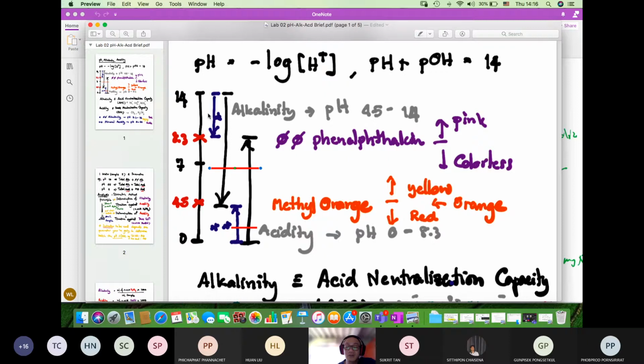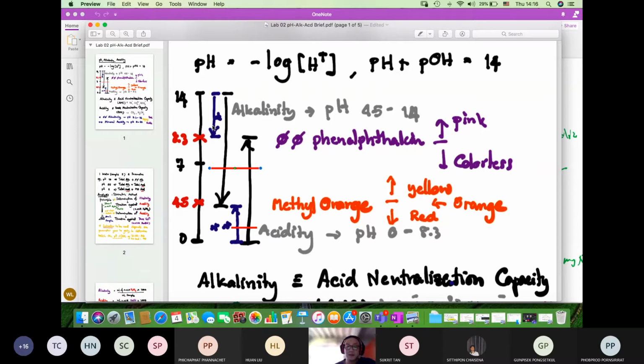If the pH of the water sample is above 8.3, you can find both phenolphthalein alkalinity and total alkalinity. But if the pH is approximately 7, somewhere around here, you can find only total alkalinity. You cannot find phenolphthalein alkalinity.